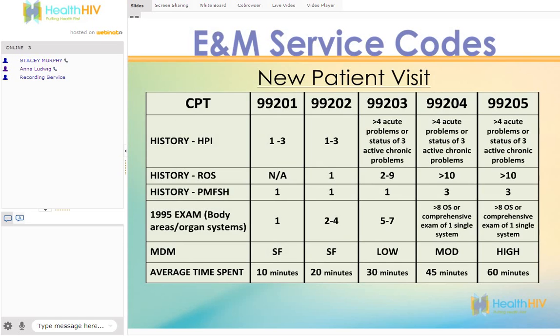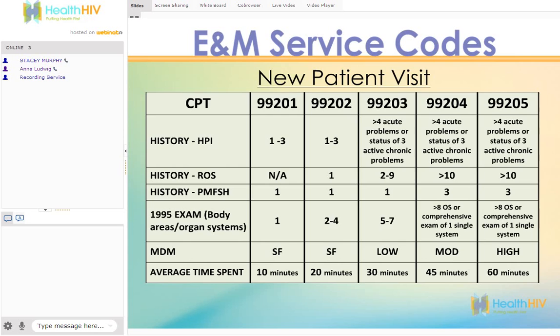If you'll look at the 99201, in terms of the 3 components that we spoke about, your history, your exam, and your medical decision making, for the new patient code you would have a problem-focused history, problem-focused exam with straightforward medical decision making. And then the 99202 is an expanded problem-focused history with an expanded problem-focused exam with your straightforward medical decision-making.